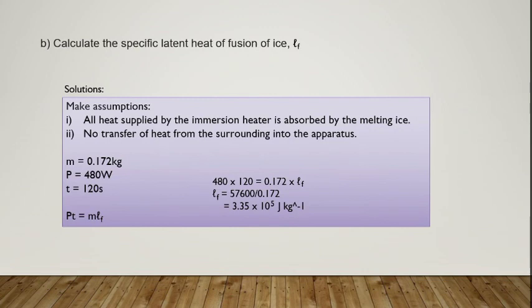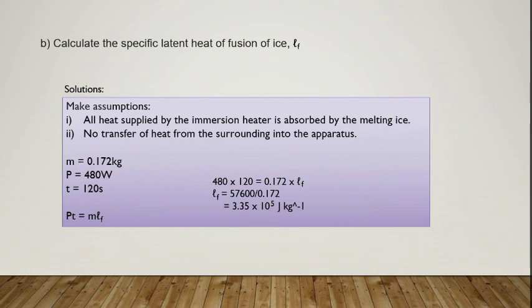Solution. Make assumptions: all heat supplied by the immersion heater is absorbed by the melting ice, and there is no transfer of heat from the surroundings into the apparatus. m equals 0.172 kg. P equals 480 W. t equals 120 seconds.